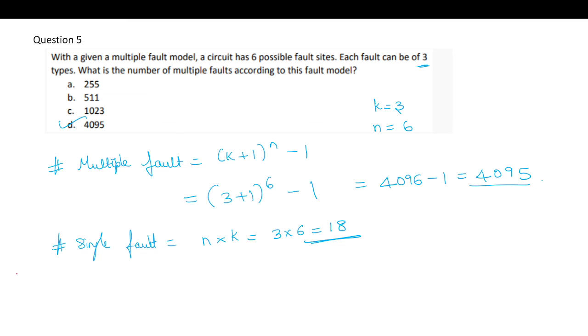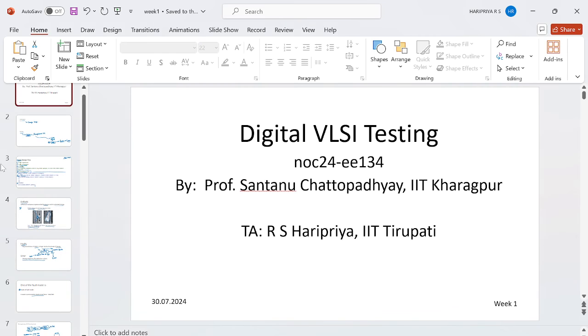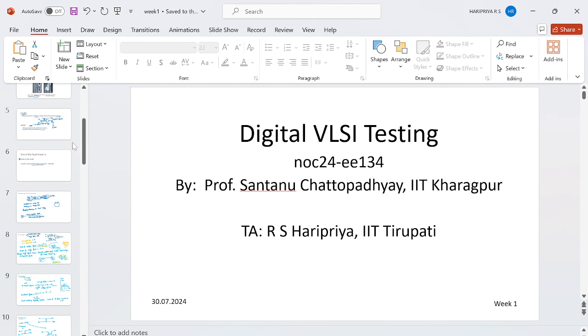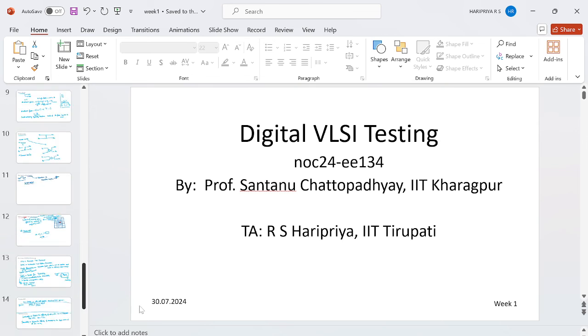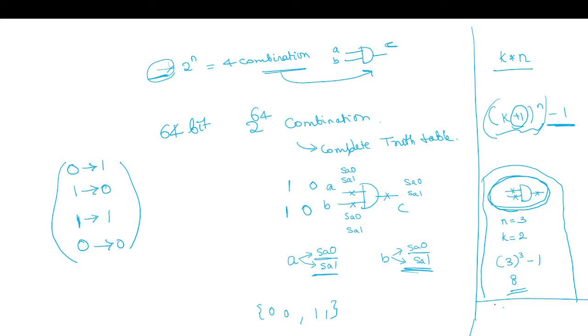There is one formula where we have stuck at 0, stuck at 1, and a good circuit.